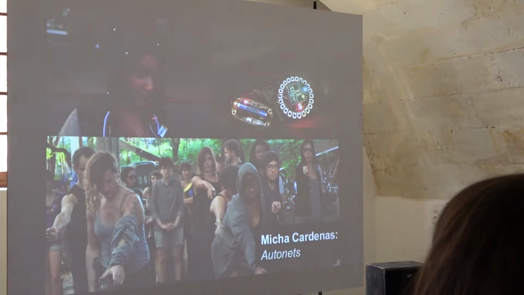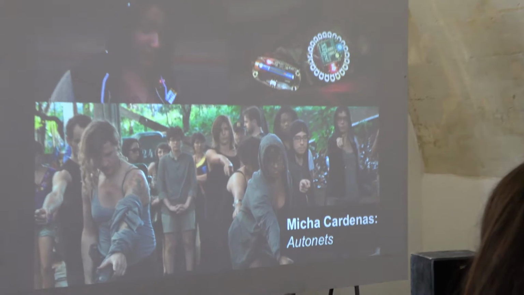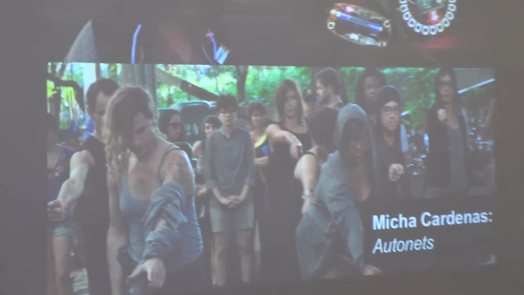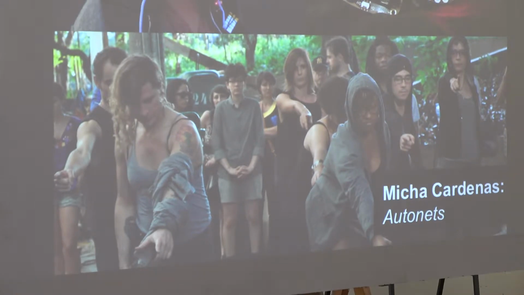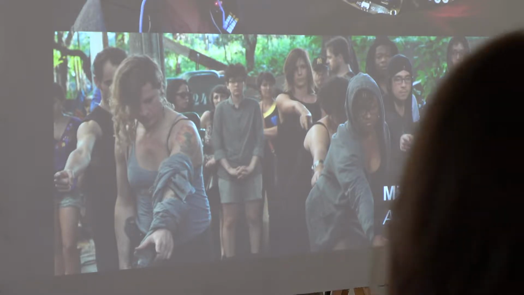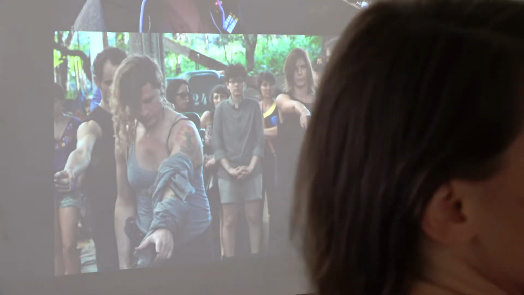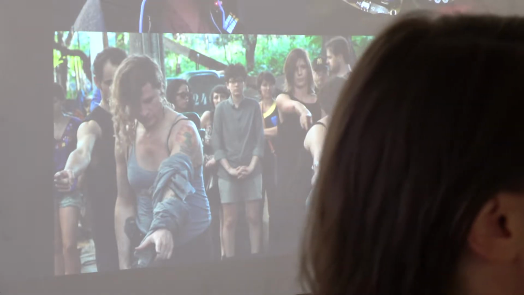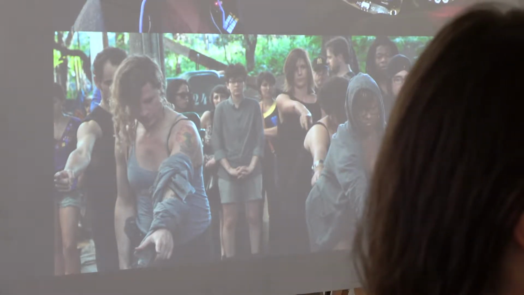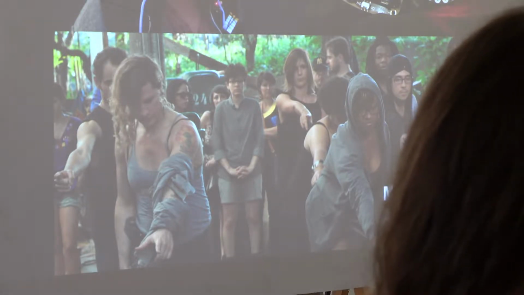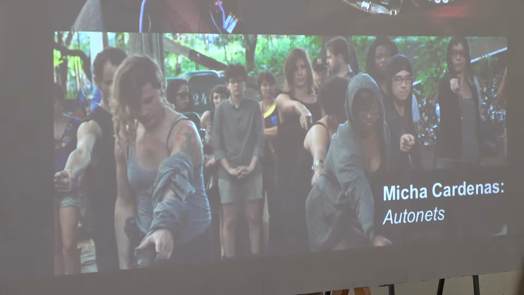And then an artist and academic called Misha Cardenas did a project called Autonet, which I think people might be quite familiar with, where she worked with a group of women, looking at ideas around gender, including transgender people, and working towards performances using e-textiles, going through the procedure of making a wearable that you could use if you were a woman or someone who identifies as a woman. If you got into trouble, you could communicate with other people wearing these wearables across the city. So it creates a community around it, creating empowerment and looking at ideas around self-defense as well.